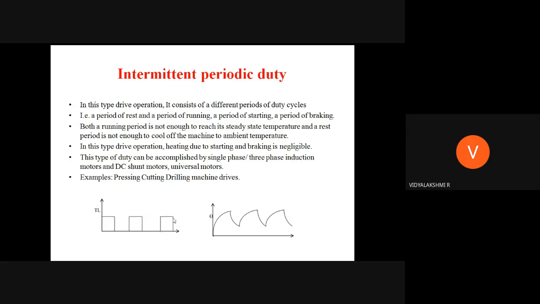Based on this, I can draw my temperature rise. Up to starting, the temperature is increasing, so that is the heating curve. Once it is in off condition, it goes to the cooling curve. Heating, cooling, starting, stopping. Pressing, cutting and drilling machines are examples for intermittent periodic duty, which means we can continuously switch the drive on and off.